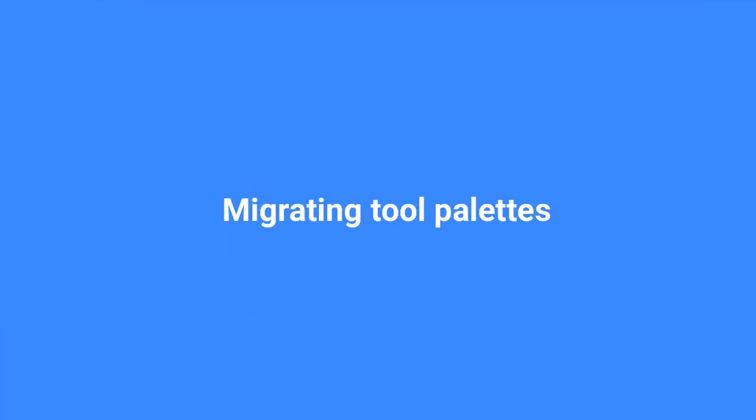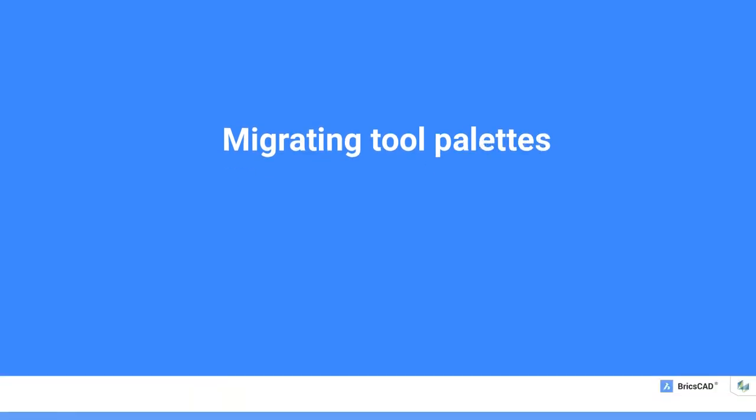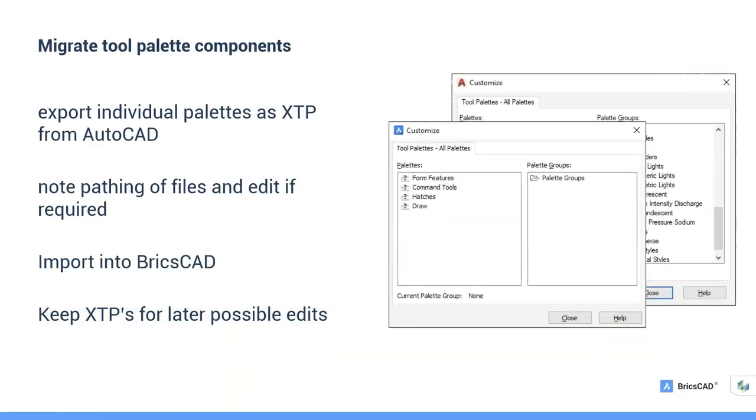Another thing that we're very used to having in our AutoCAD environments typically is tool palettes, because this is a very excellent way to deploy blocks. Users simply drag and drop from it. They don't need to know all the mechanics of what's going on. It's just easy to use.